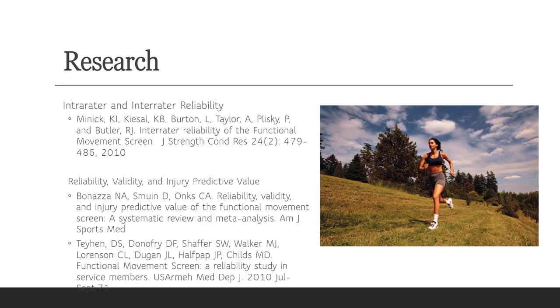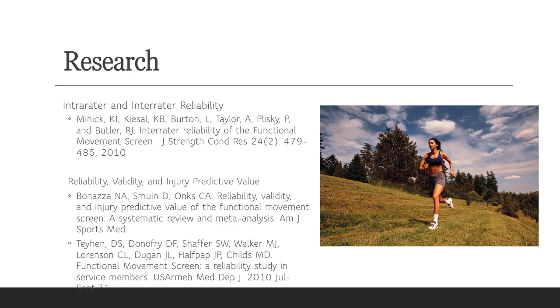There's pretty good intra-rater and inter-rater reliability for the FMS testing. 10 studies were evaluated for inter-rater reliability of the FMS. All studies examined the reliability of scores of more than one examiner grading the same participants. Significant differences were seen in the characteristics of the raters included in the study. 9 of the 10 studies found acceptable inter-rater reliability, with confidence intervals ranging from 0.76 to 0.98.